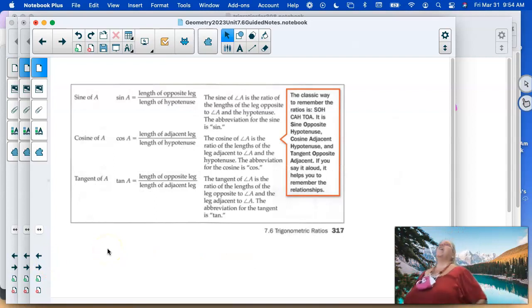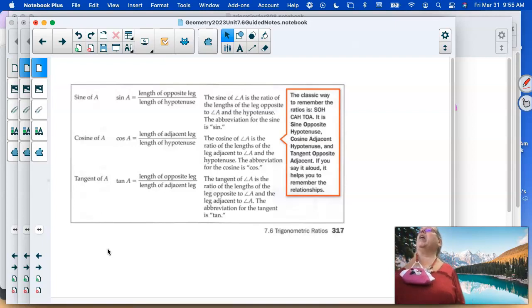Okay, so it's called sine, cosine, and tangent. They're just names for ratios, fractions. The sine of angle A is equal to the length of the opposite leg divided by the hypotenuse.